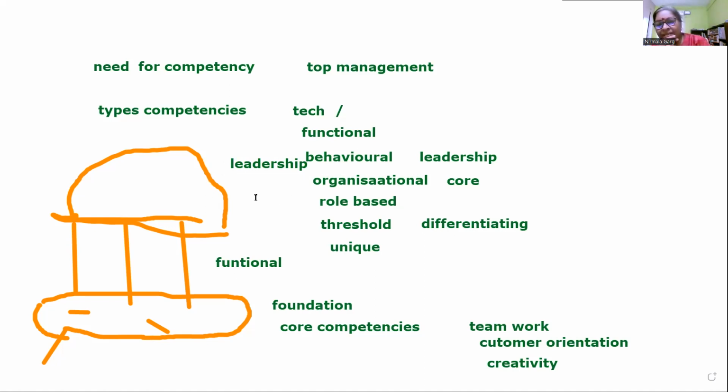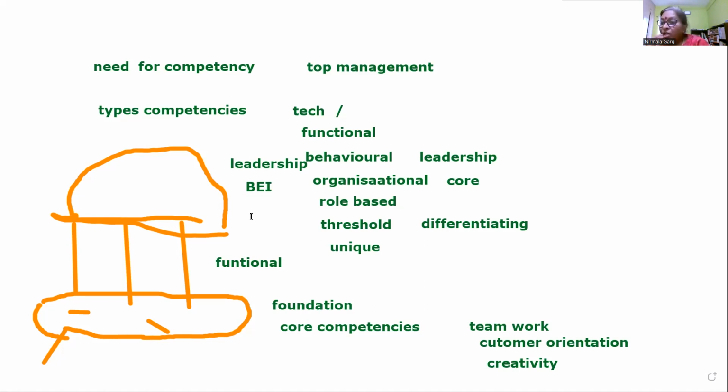Now, having said that, how do you map leadership competencies? Anybody? We use a tool or technique called behavioral event interviewing, BEI, through which we interview both superior and average performers.